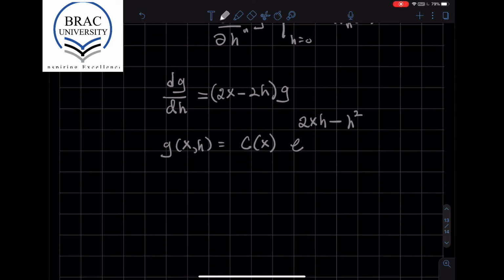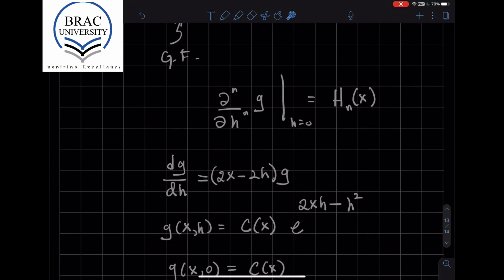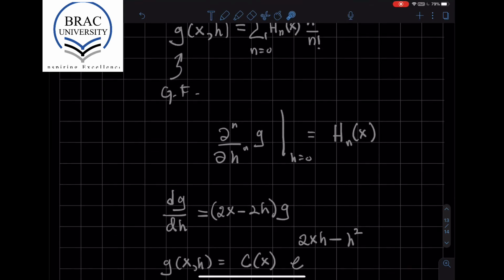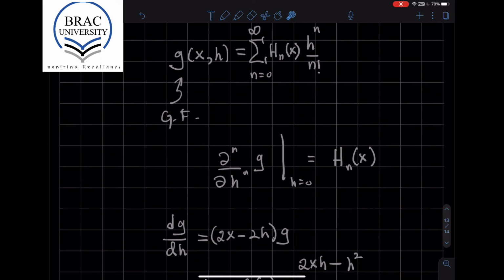Now, we can use the boundary condition where g of x at h equals 0 is c of x, because if you put h equals to 0, this just becomes 1. And according to the definition of g of x, if you put h equals to 0, all of these terms will go to 0 except the one where n is 0.